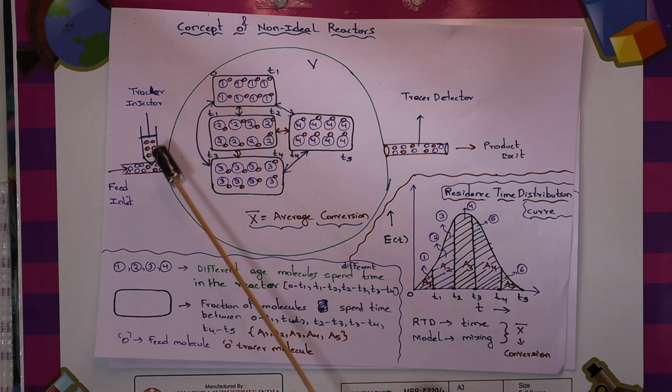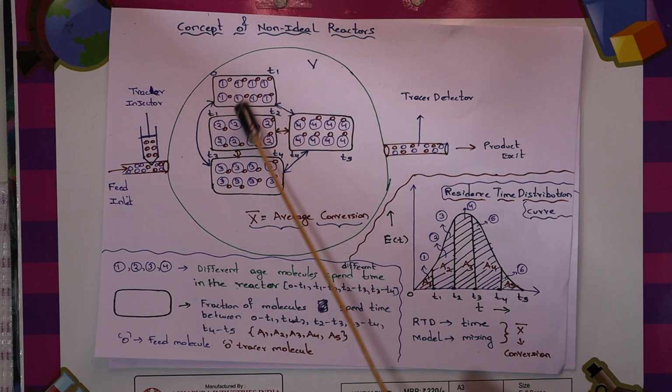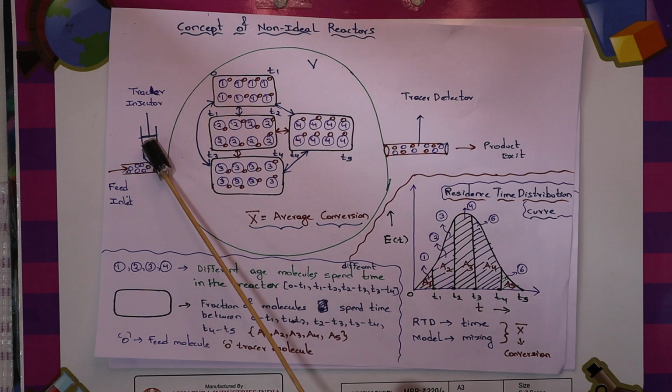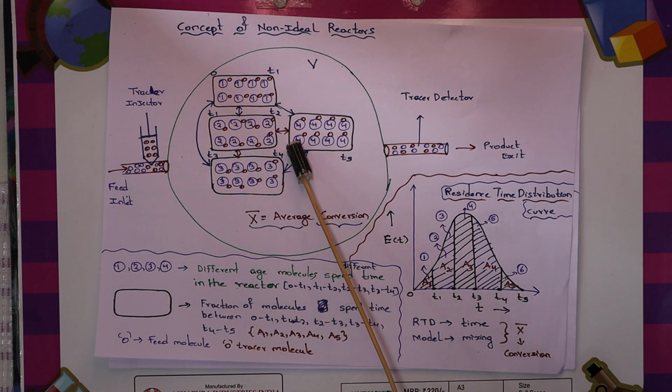Along with the reactants, it also spends time in the reactor. If you inject a certain amount of tracer, it will mix with the regular molecules, go into the reactor, spend a certain amount of time in this reactor and exit along with the products or reactants.